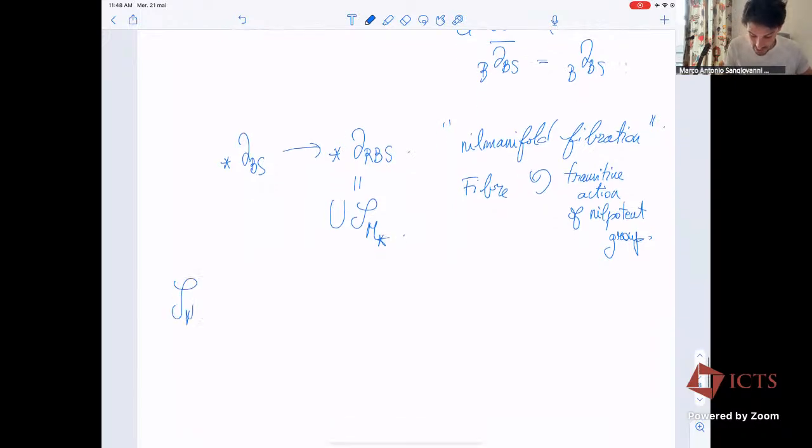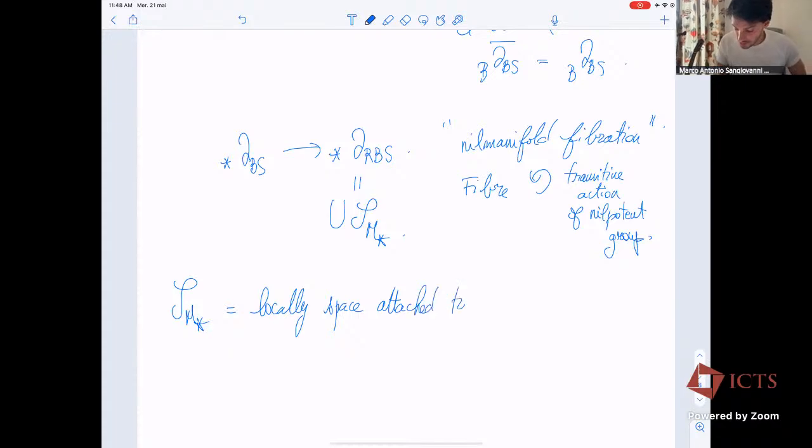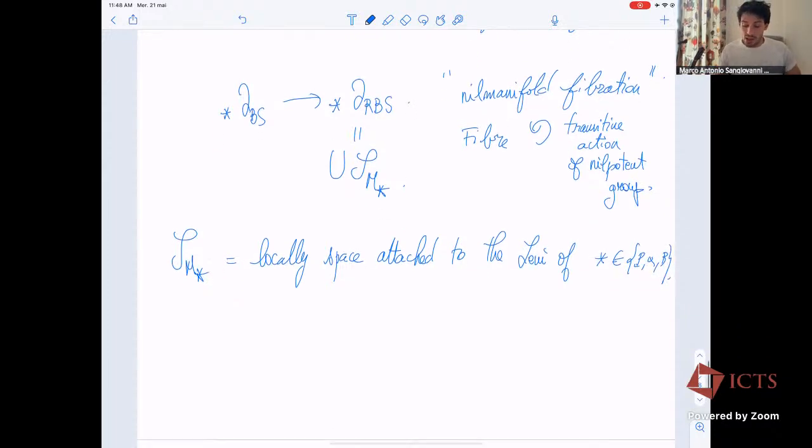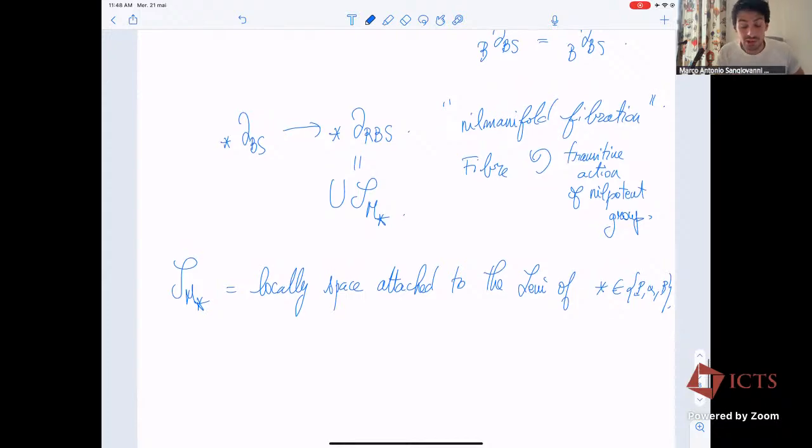So where S of M star is a locally symmetric space attached to the Levi of star. So star, recall, is P, Q, or B. Okay. So this allows you to compute the cohomology of the boundary in terms of the cohomology of the Levis and an induced representation.